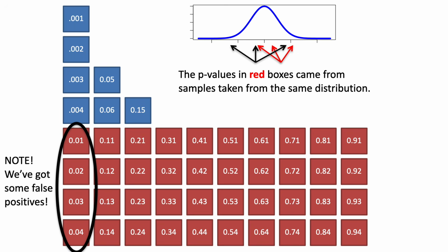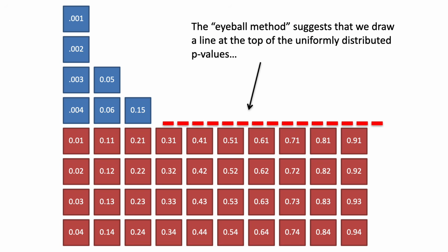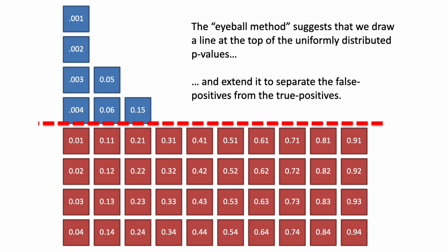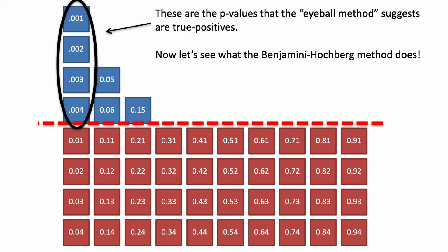Note, we've got some false positives. The eyeball method suggests we draw a line at the top of the uniformly distributed p-values and extend it to separate the false positives from the true positives. These are the p-values that the eyeball method suggests are true positives.